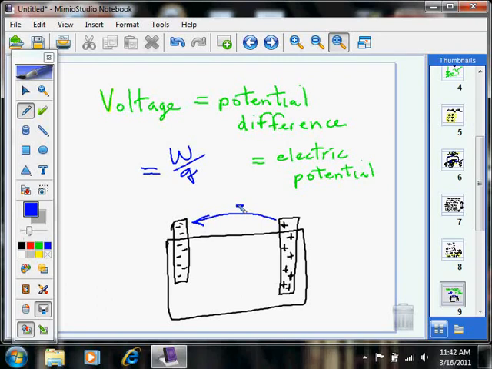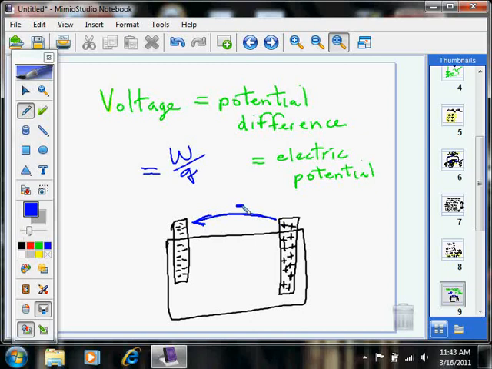That electron wouldn't want to go over there. But what would happen if I made this one over here even more negative, and this one here even more positive? Now, to move that electron over there would even take more work per charge. You follow me?